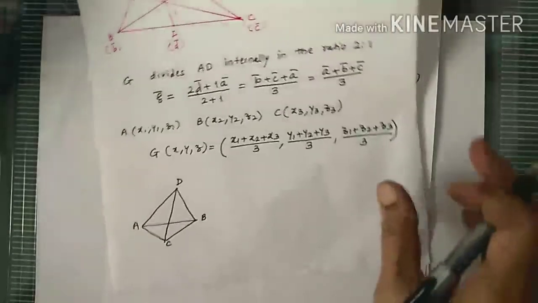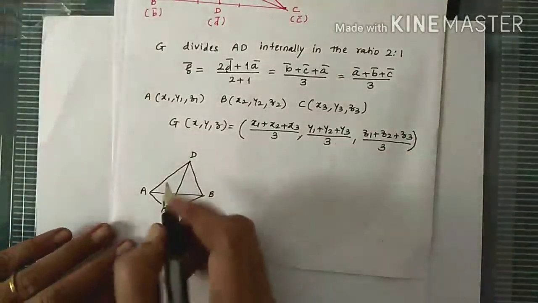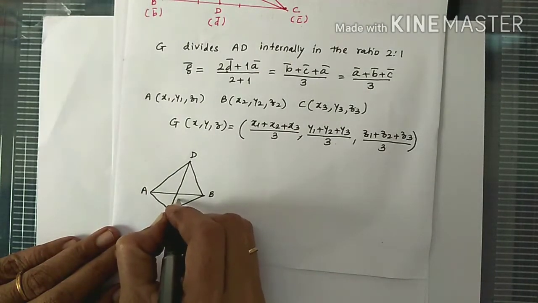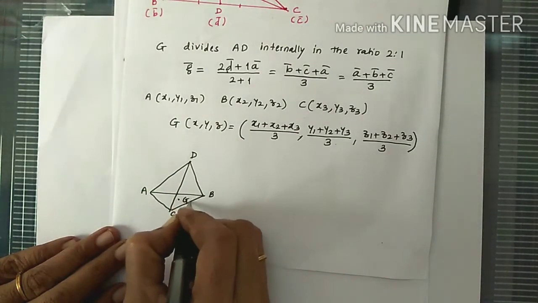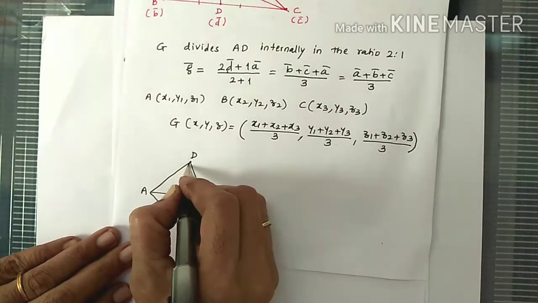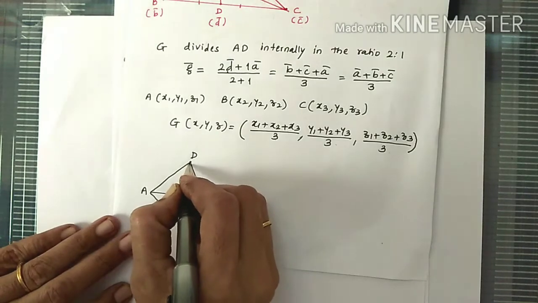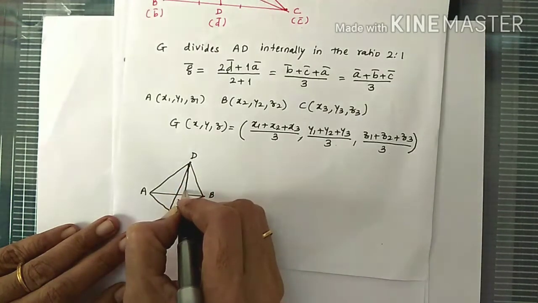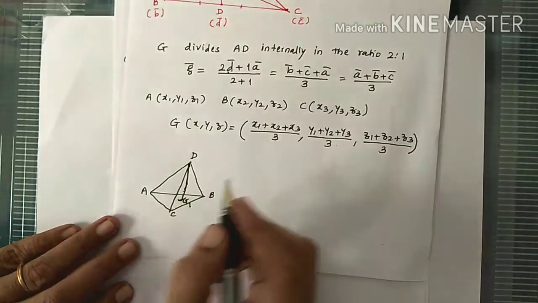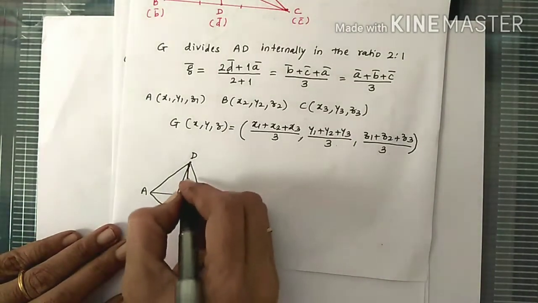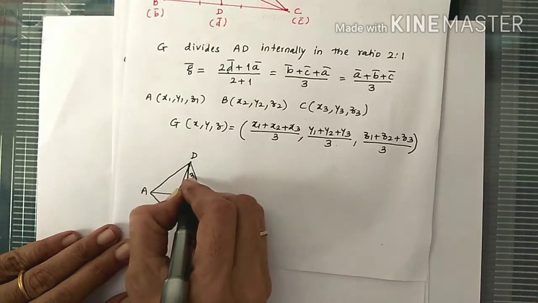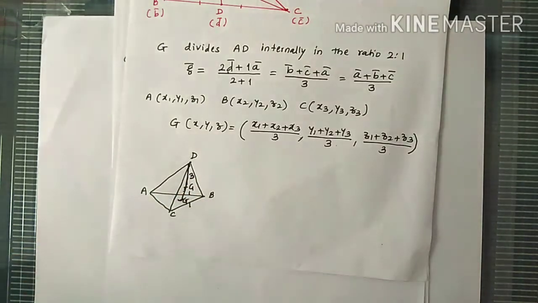For each triangle we can find the centroid. For example, consider this base ABC, and if G1 is the centroid of triangle ABC, and if we join this vertex D and G1, we get a straight line like this, and this median is divided by the centroid of the tetrahedron in the ratio 3:1.